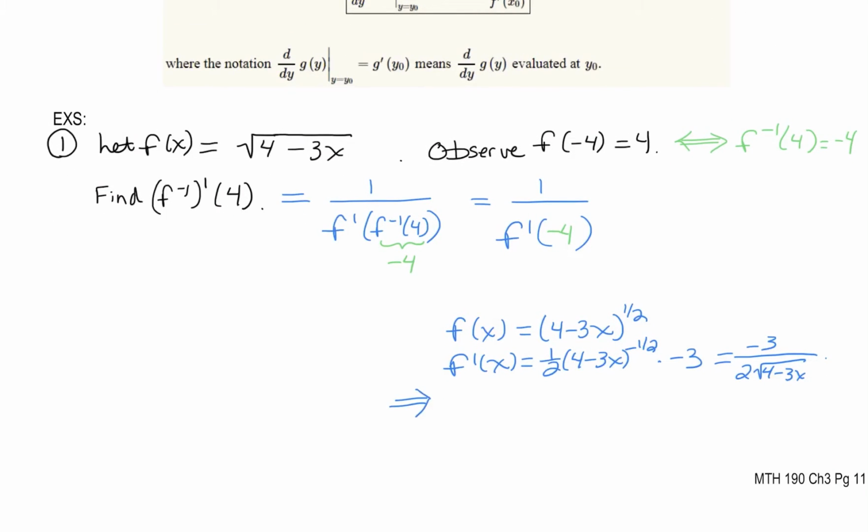And so this tells me that f prime is simply going to equal subbing into this derivative function.